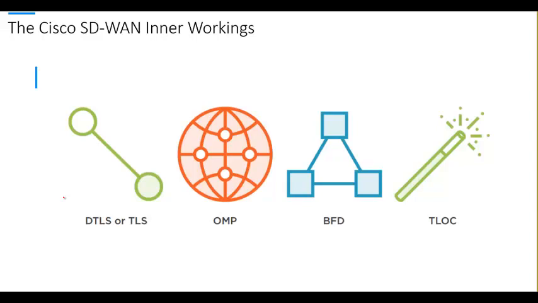When the vSmart controller, vBond orchestrator, vManage NMS and WAN edge device want to form a fabric, between all these devices, we can see this tunnel between the controller and the vBond and the NMS, meaning vManage, and also the WAN edge.